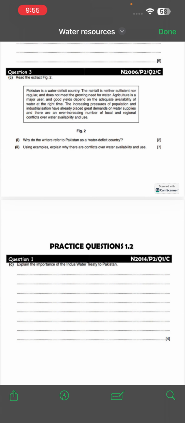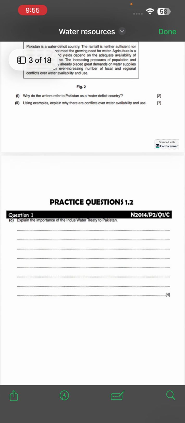In industrialization, water is used for washing, cooling, and processing, maybe in the textile industry or fertilizer, it depends. Then we have hygiene, to keep ourselves neat and clean. Population growth means population demands would be more, electricity generation, that is hydroelectric power, because the question is of 7 marks, so you need to write accordingly.